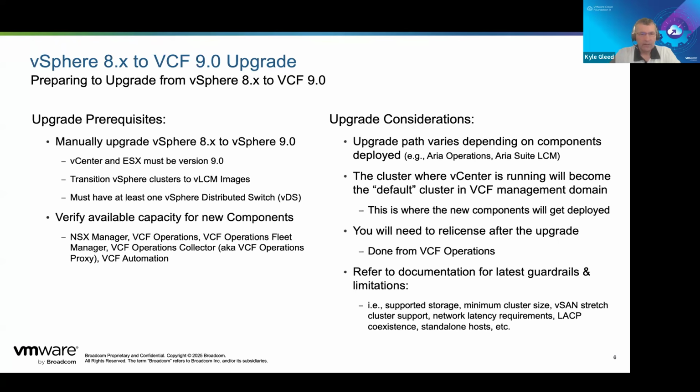What is the significance of this default cluster? That's the cluster where we're going to deploy these new components. So if you have a vCenter server with multiple clusters, you may be wondering where it is going to deploy these components. By default, it's going to deploy them in that default cluster, which is identified by wherever the vCenter server is running. And again, you will need to relicense after the upgrade, and keep in mind the new approach is done from VCF operations.